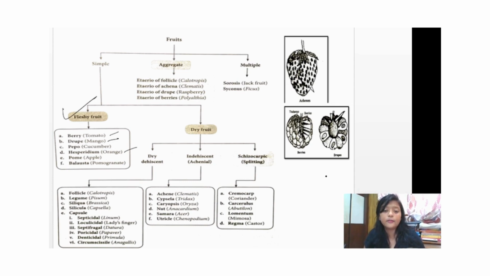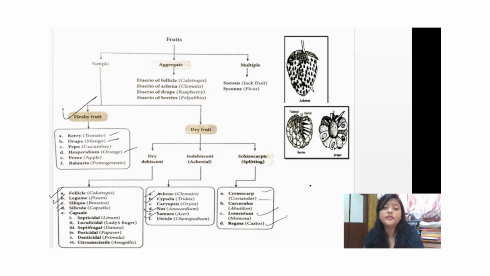So this is all about your divisions of fruit, and please remember the examples. In dry fruits, I told you that when they mature, the plant cracks and the seeds are released. So in legume, here you can see legume, follicle, silica, silicula. Remember these examples. Then where nut is there, then samara, cypsela, achene. What are the examples of these? Then in schizocarpic, remember lomentum, regma, cremocarp, coriander.